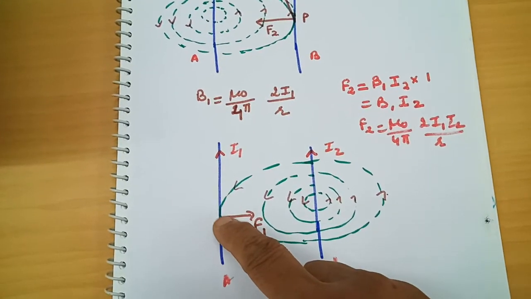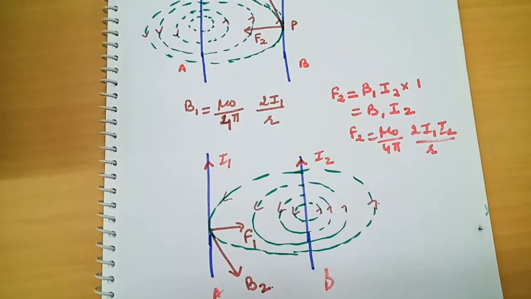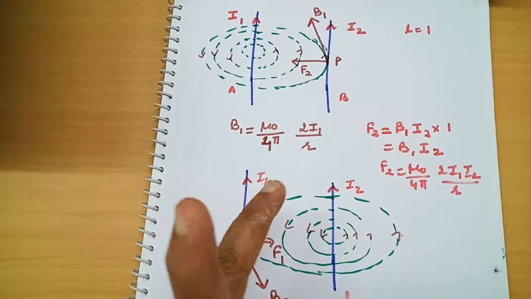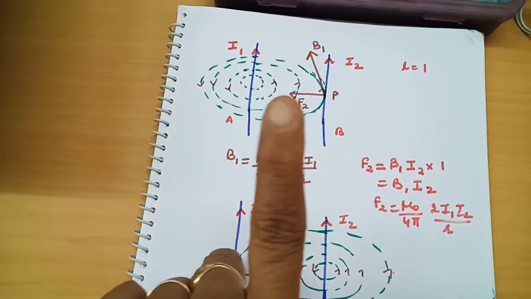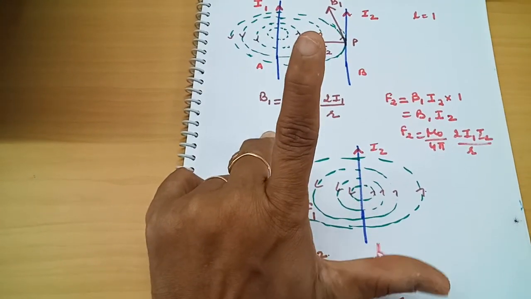Now you have got the magnetic field at this point and the current I1 at this point. Now you will apply Fleming's left hand rule. This is the direction of the current and this is the direction of the magnetic field, upward. And where is the direction of the force?